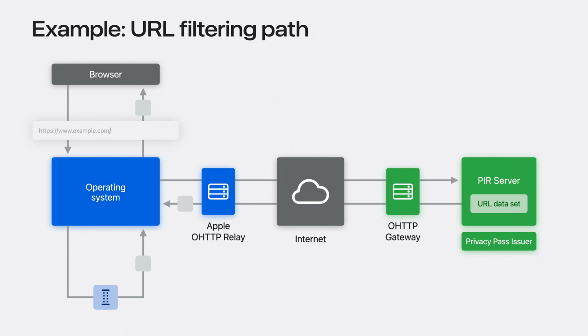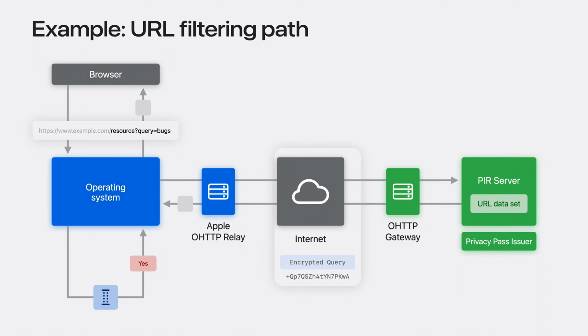Now the browser initiates another URL request for a different resource on example.com, which gets a positive match from the Bloom filter. Due to potential false positives, a positive match means the URL may be in your dataset. In this case, the system will perform an off-device lookup with your Private Information Retrieval server by sending an encrypted query to the server.